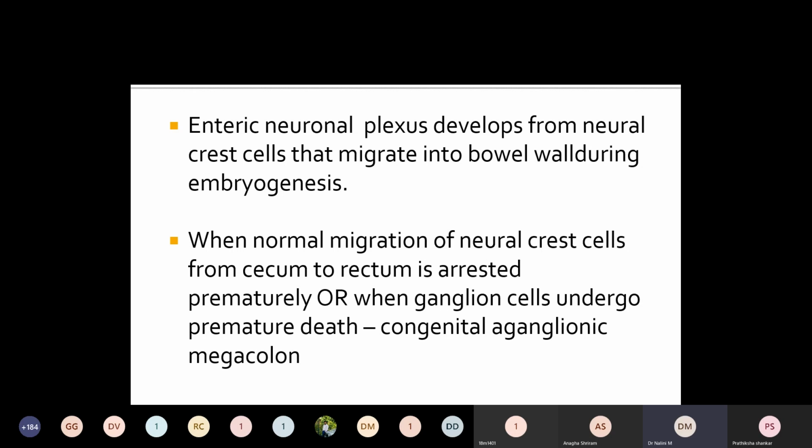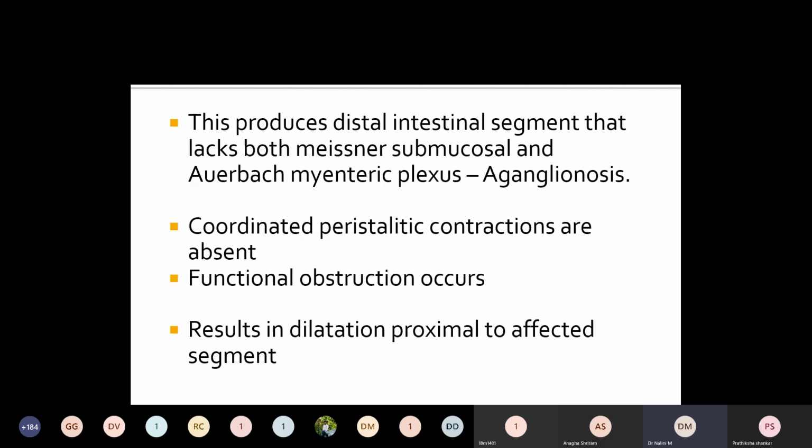So the distal intestinal segment where there are no ganglionic cells lacks both the Meissner's and the Auerbach myenteric plexus, resulting in a segment of the colon having no ganglion cells, or what we call aganglionosis.